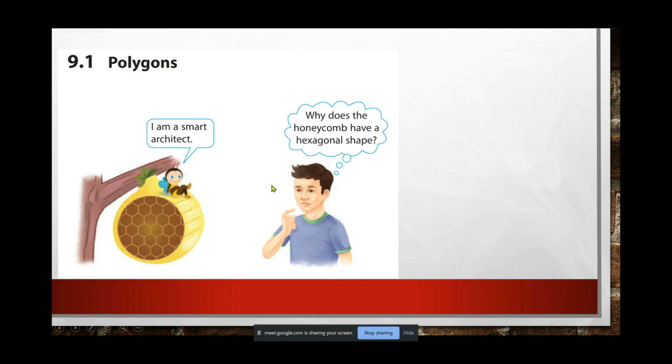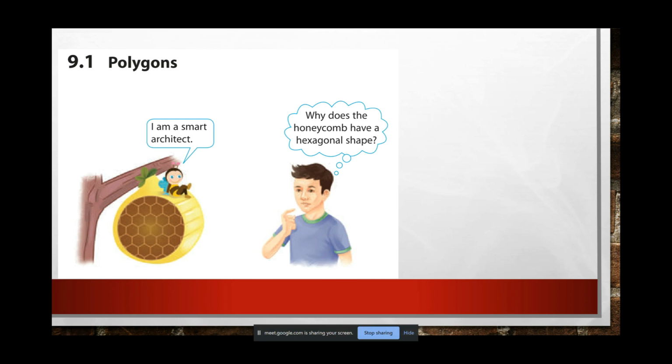So that the honeycomb won't collapse. Oh, that is a very good answer, because it will strengthen the shape. The shape of the hexagon strengthens the hive of the bee. Very good. Any other answer? Why don't they use a circle instead of using the hexagon?